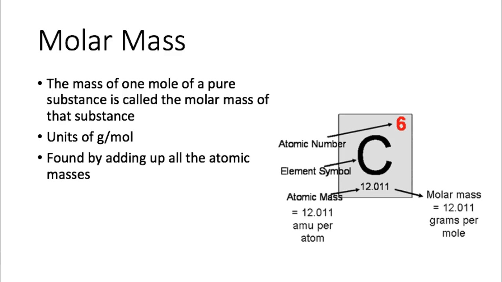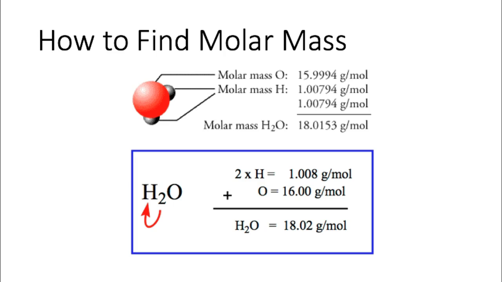But how do we find the molar mass when we're dealing with a compound? We add up the mass of each atom that makes up the compound. Here are 2 graphics, and they both show water. In this one, water is 1 oxygen combined with 2 hydrogens. We find the molar mass of oxygen on the periodic table.